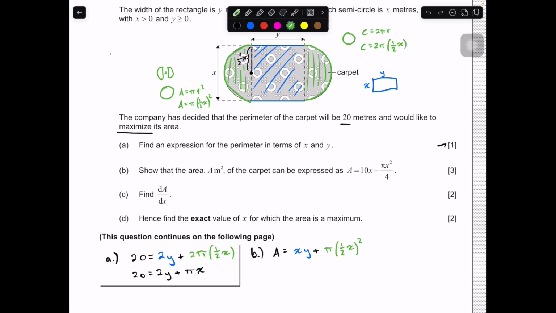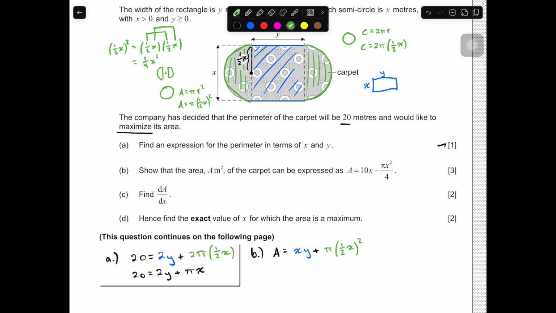1/2 x squared is equal to 1/2 x, of course, times 1/2 x. 1/2 times 1/2, a half times a half. You can put this on your calculator if you want. That's going to be a quarter. And then x times x is x squared. So this is going to give us 1/4 x squared.